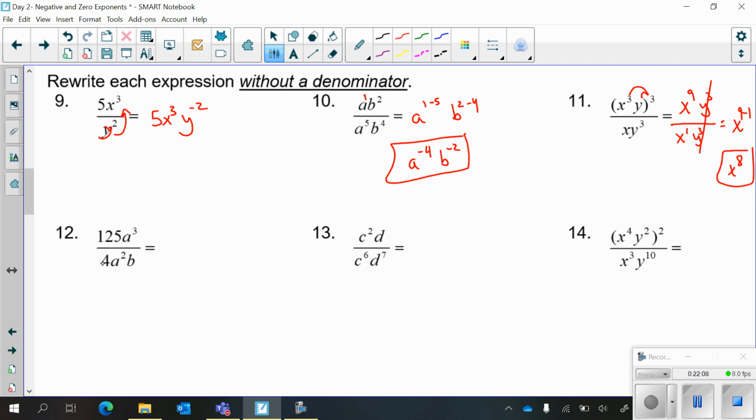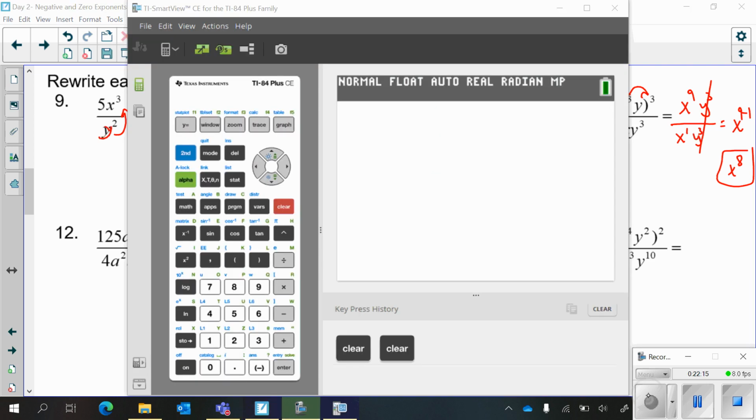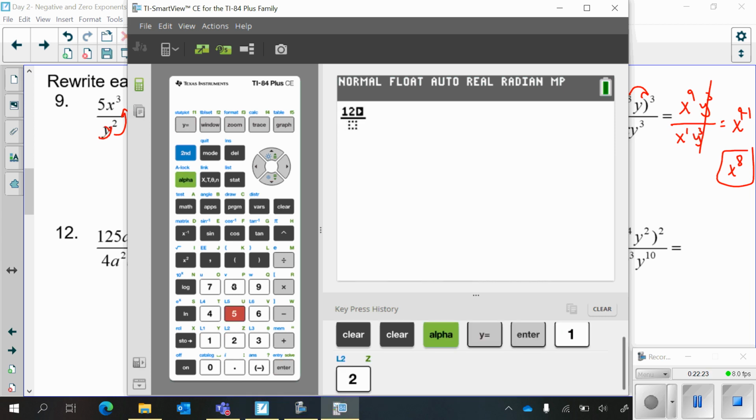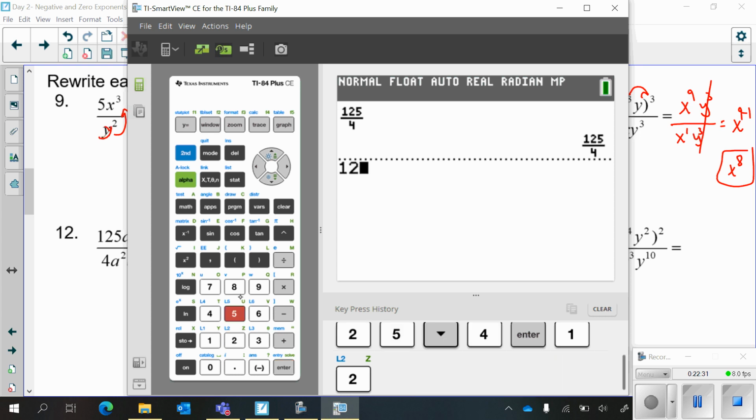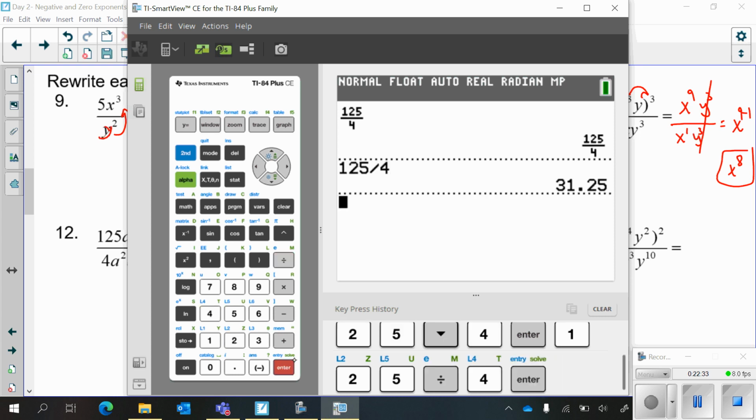For the next piece, 125 divided by 4. I don't know what 125 divided by 4 is. So I'm going to put this in as a fraction, 125 divided by 4. It turns out that 125 divided by 4 is not a nice number. So because it's not a nice number, you're just going to leave it.